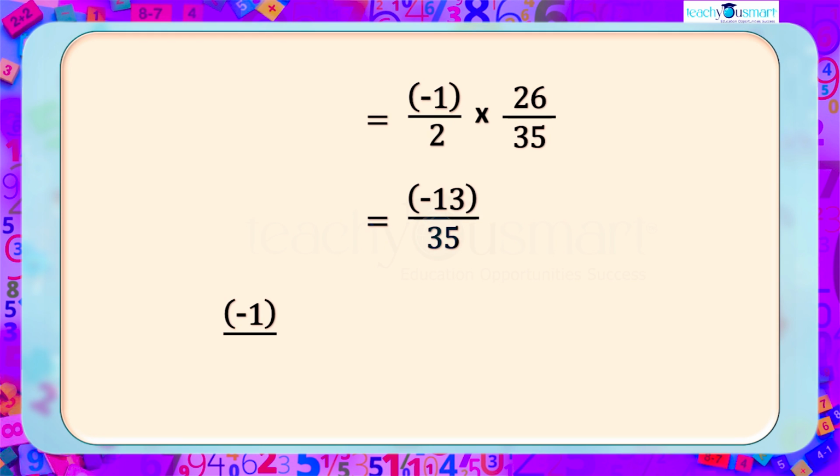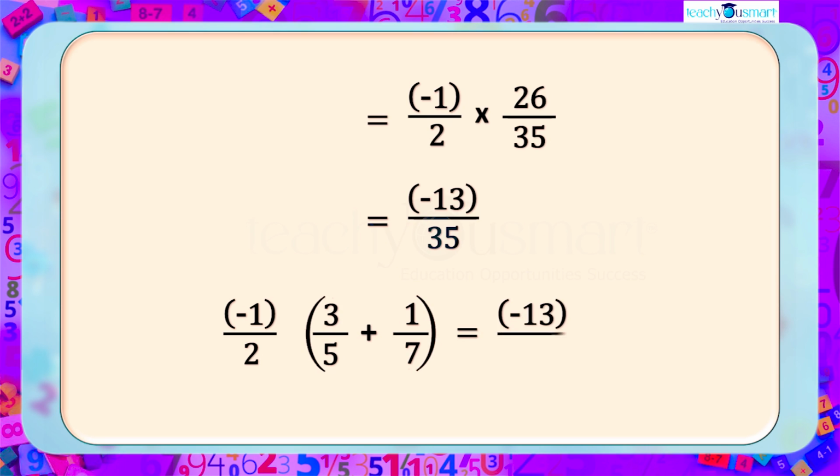That is, minus 1 by 2 multiplied by (3 by 5 plus 1 by 7) equals minus 13 by 35.